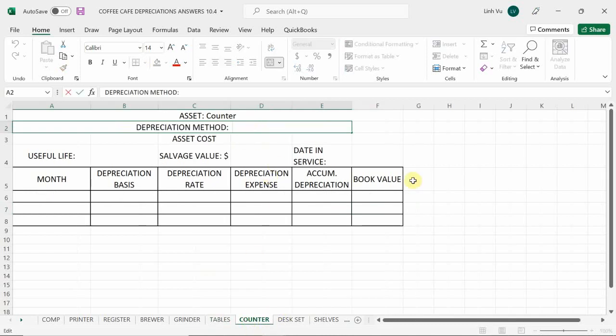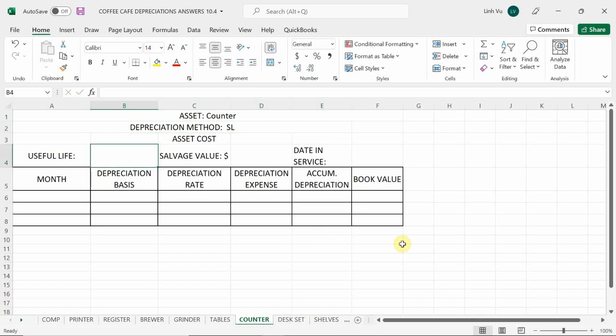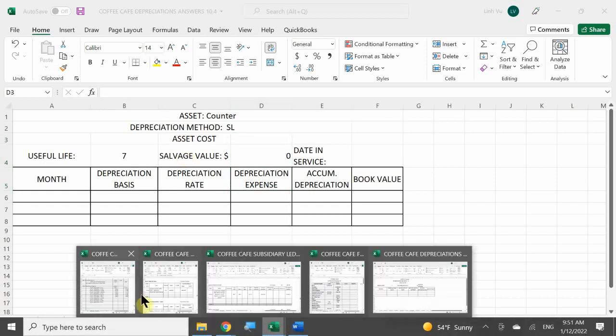Right? We're doing straight line. Okay. 7 years, zero residual value. So what is my asset cost for my counter? Let's go ahead and take a look.